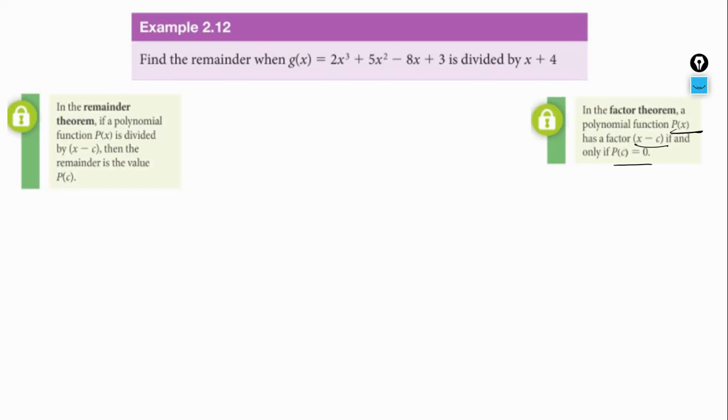If we had plugged in negative 4 here, and g of negative 4 had given us 0, then x plus 4 would be a factor of g of x. That's just saying that it would be divisible by x plus 4. And that's obvious if you get a remainder of 0.